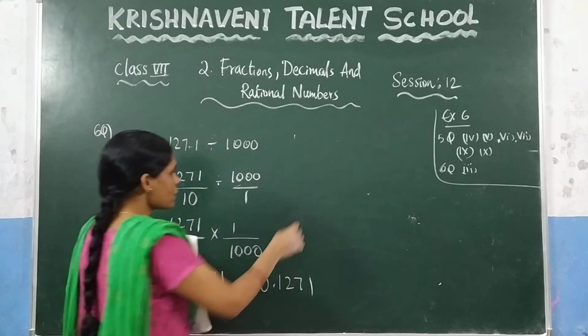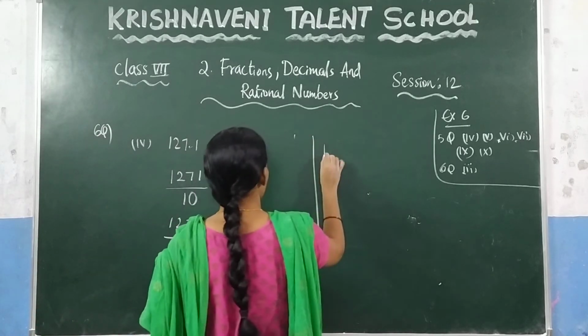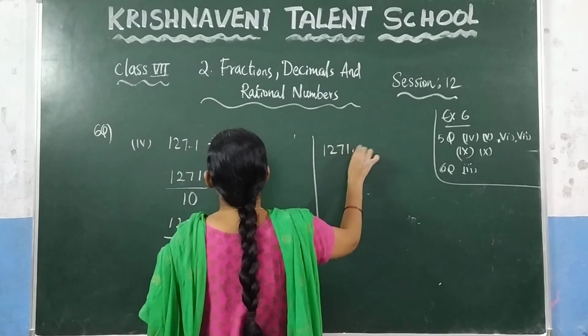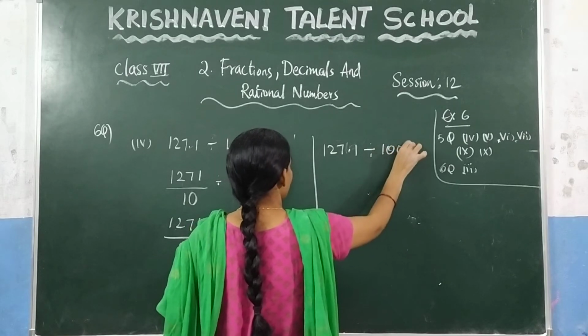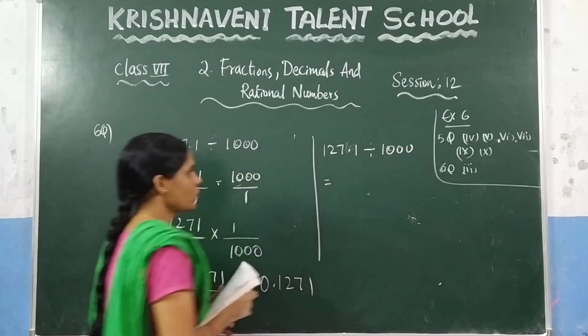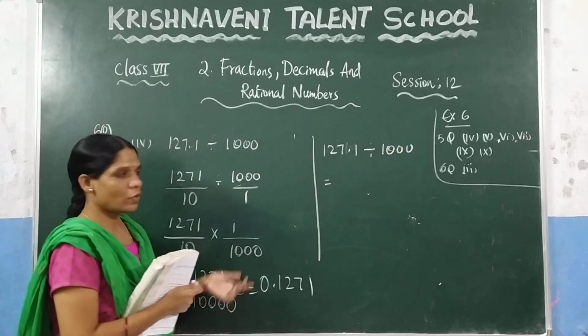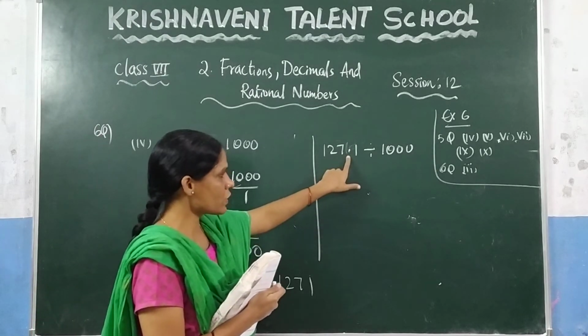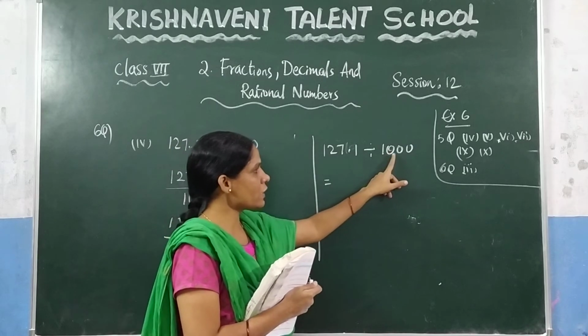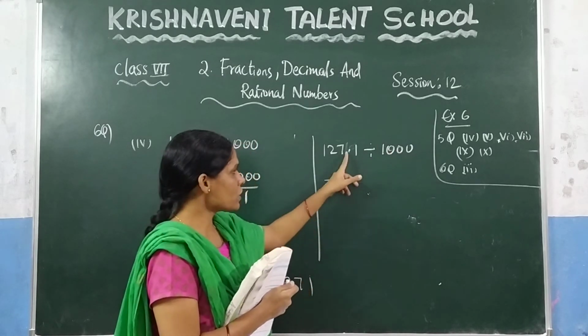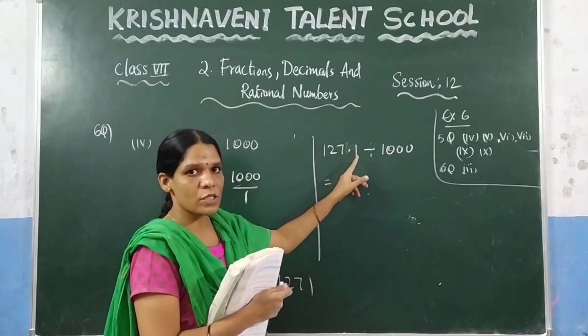Now here there is another method to solve the same problem, which is 127.1 divided by 1000. Within one step you can do this one. If you are dividing by 1000, you need to shift this decimal point as many places as there are zeros. Since here 3 zeros are there, you need to shift this decimal point 3 numbers to the left.